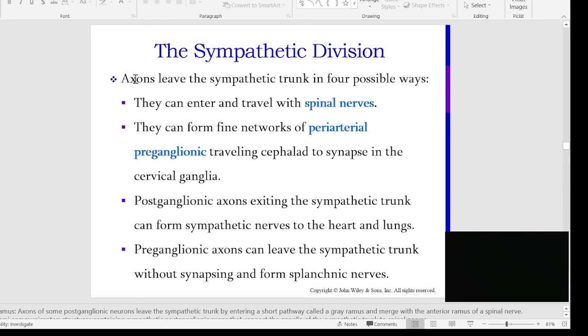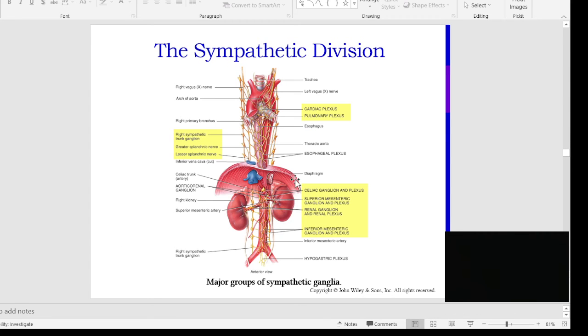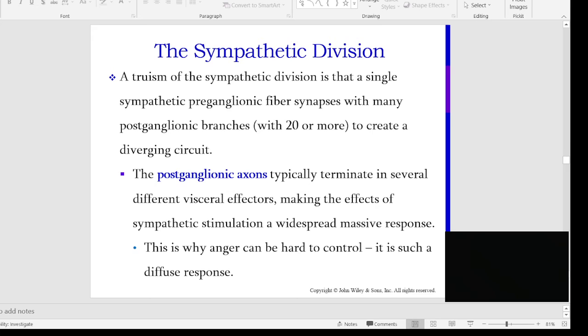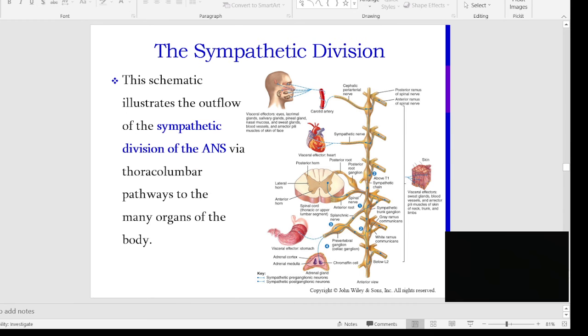So the sympathetic division can be found in your spinal nerves, the thoracolumbar spinal nerves area. Celiac plexus, pulmonary. Never mind that.